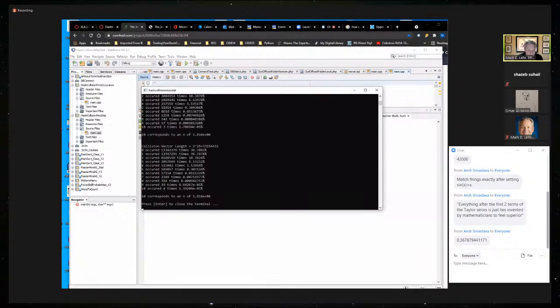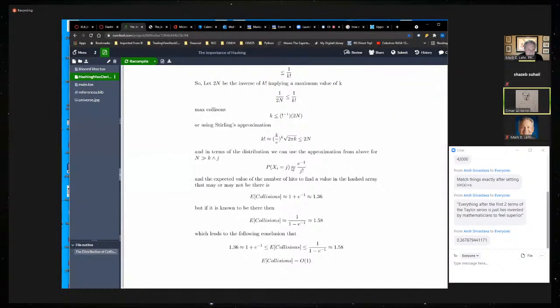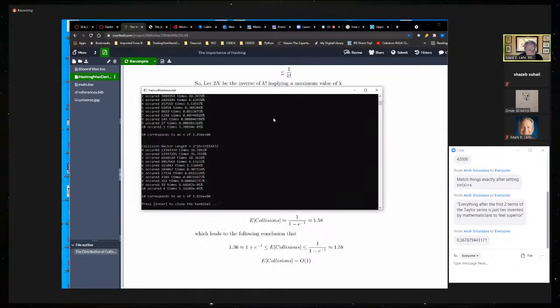How do we get 2? Well, let's go back to 2 factorial. That's e to the minus 1 over 2, so it should be half of the previous one, which is 36.79 or 36.8. Half of that is very close to 18.39.